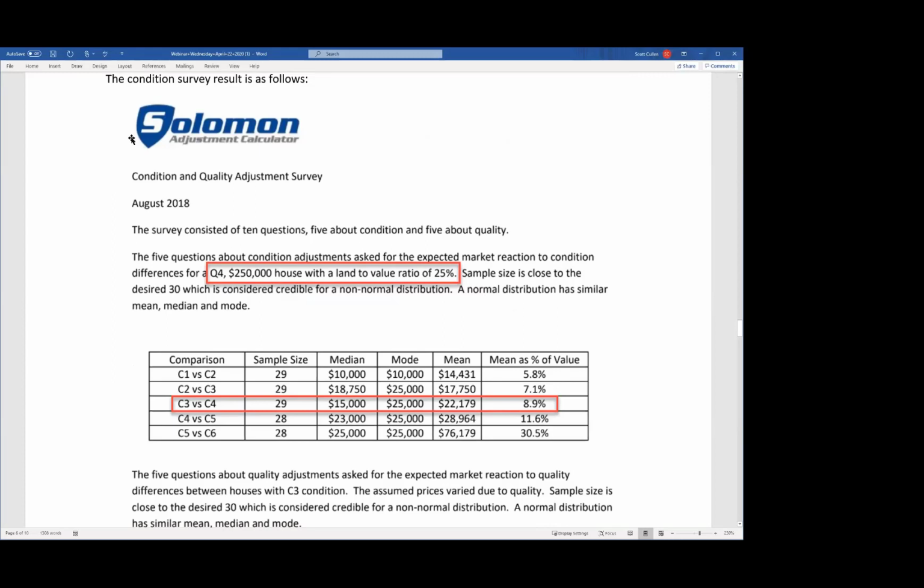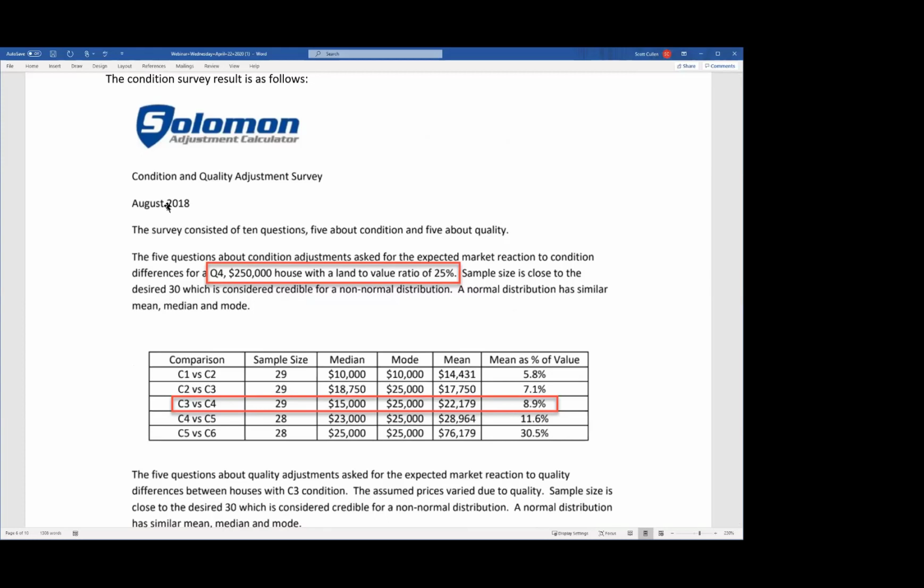It's under a tab called survey results, and we've got about 20, 25 surveys. The question we asked, and this is back in August 2018, I think the surveys are good for a while. I don't think there's been any disruptive technological change that makes the market react differently to condition.